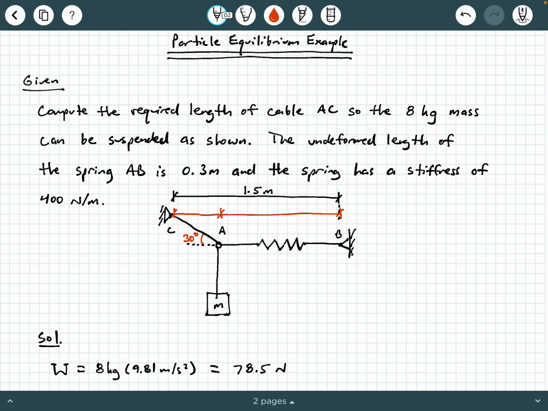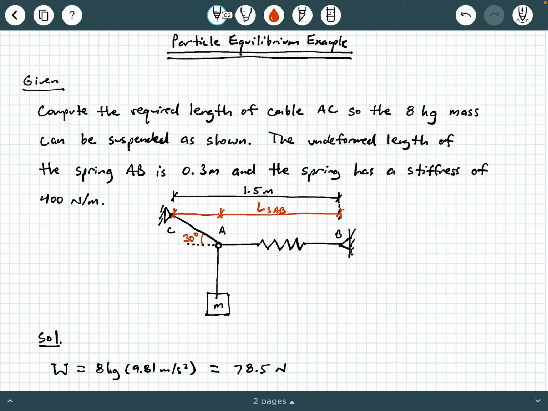Think about that one more time. 1.5 meters is equal to the horizontal component of AC plus the overall stretched length of AB. So I can label this L_S,AB, the stretched length of AB that I just calculated.